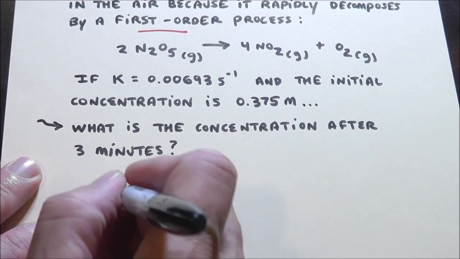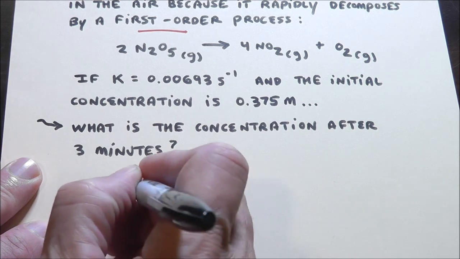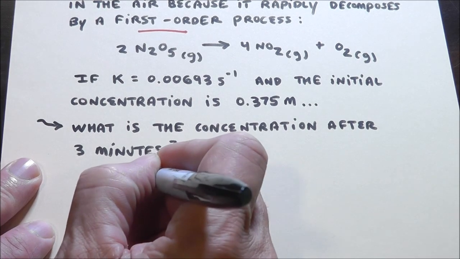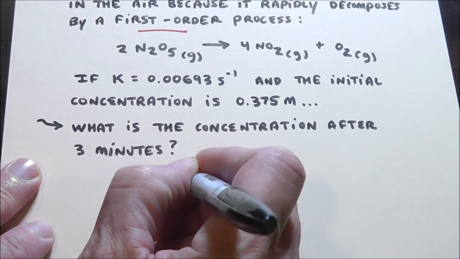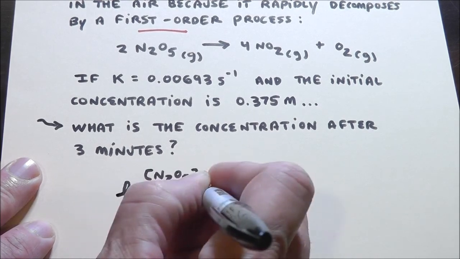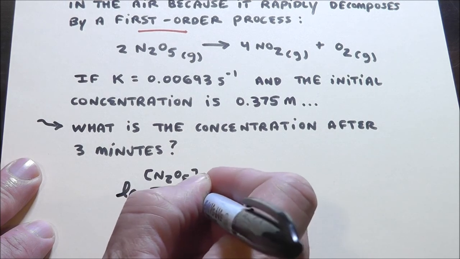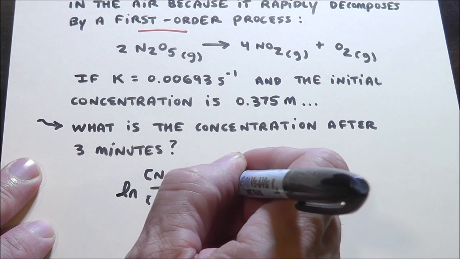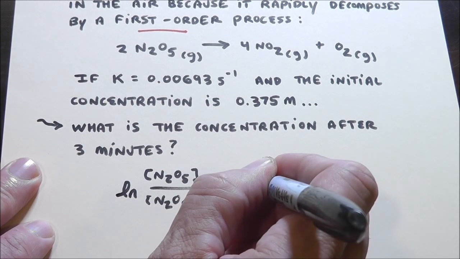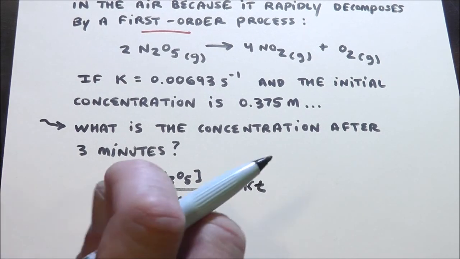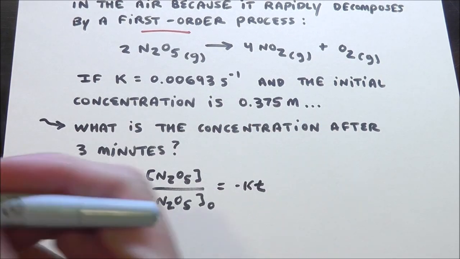The tool is natural log of concentration of N2O5 divided by concentration of N2O5 initial equals minus kt. That's all I've gotten with all that blah blah blah. Here's a reaction. Okay, great.